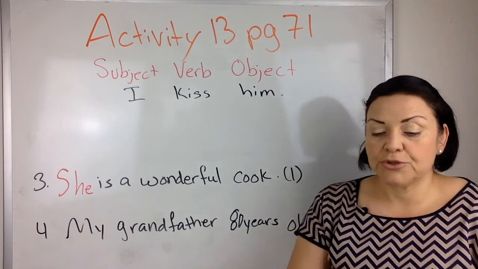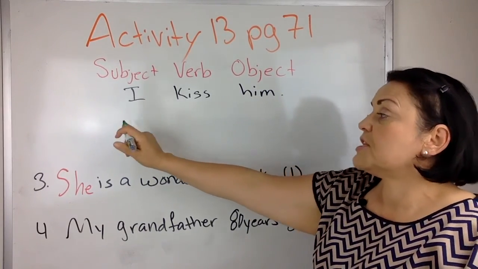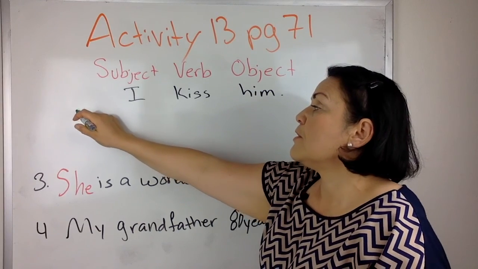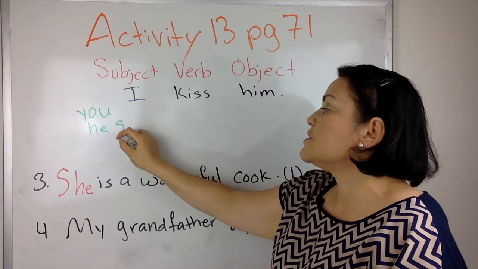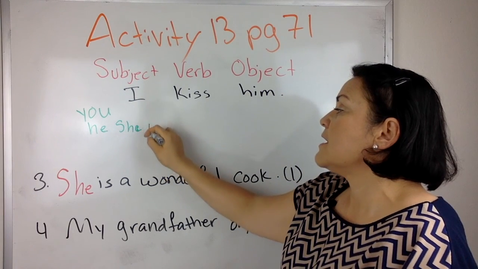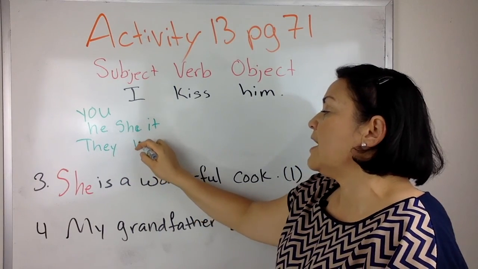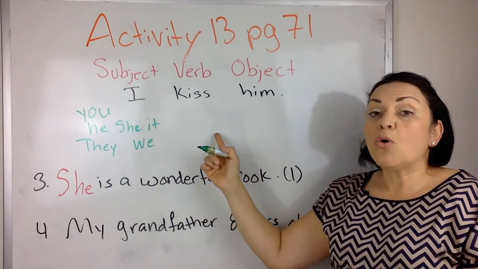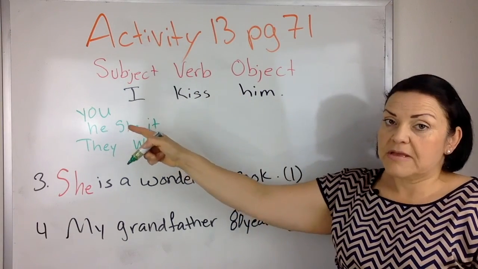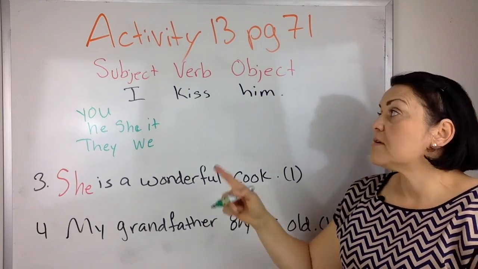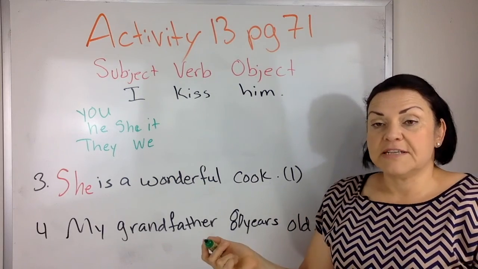So when it comes to pronouns, on this side of the subject you have I, you, then you will have he, she, it, they, we. This will always be on the front, before the verb. After the verb, when it's an object, it must be a different pronoun.